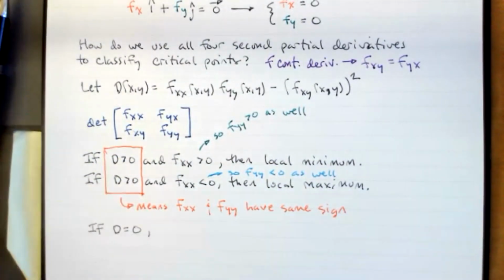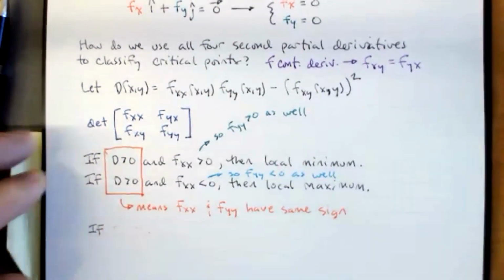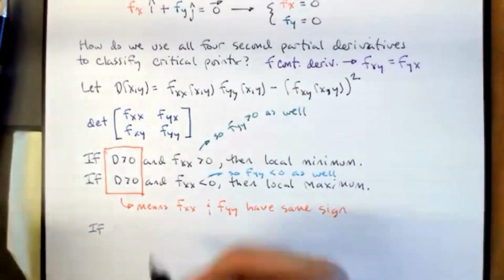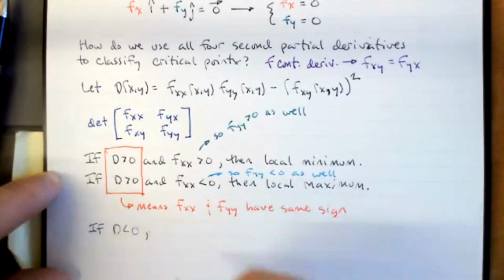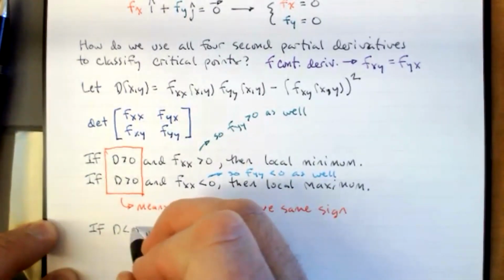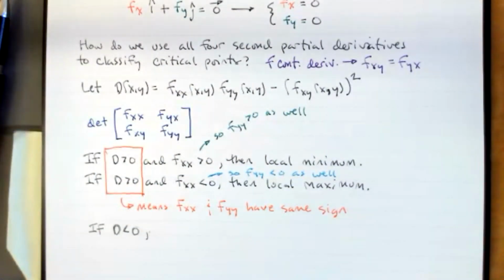I spelled less than. I was thinking about the next line. Notice that when we look at D less than 0, we don't have to look any further.